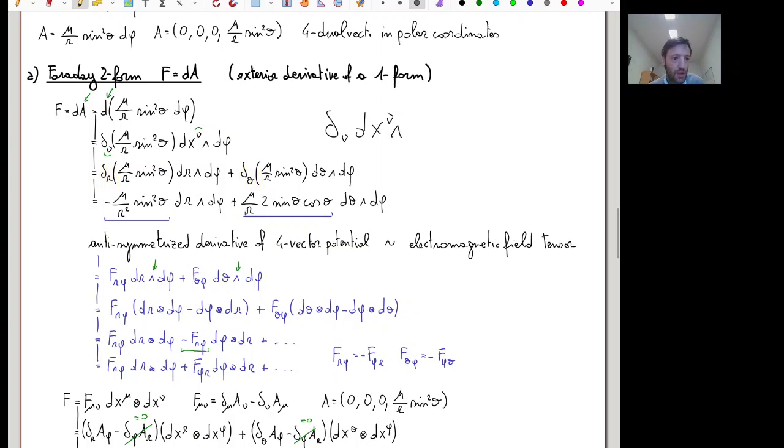So we have the term with dr wedge d phi, and the other derivative which is non-zero is for theta, and we have the d theta wedge d phi. That's it. Then we just apply the derivative, and we have the final result. So this is the final result of the question. You should stop here. In the exam, you just stop here.